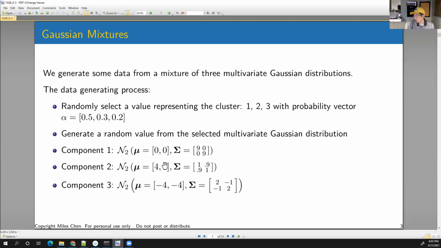Distribution 2 is centered at 4, 4, which you can think of as the top right corner, with this matrix, and so there's high covariance between x1 and x2, right? And then distribution 3 is centered at -4, -4, the lower left corner, and its variance is this, and there's negative covariance between x1 and x2, okay?